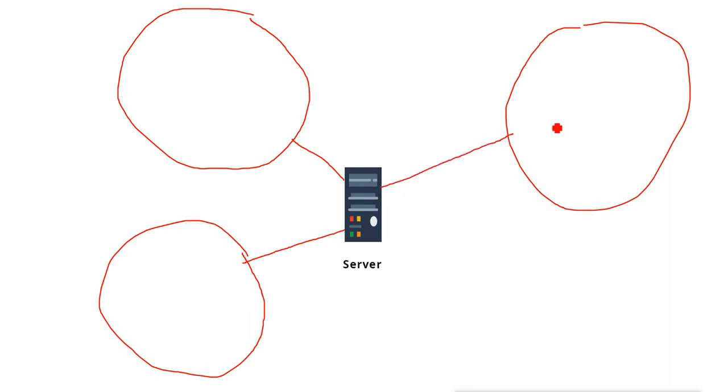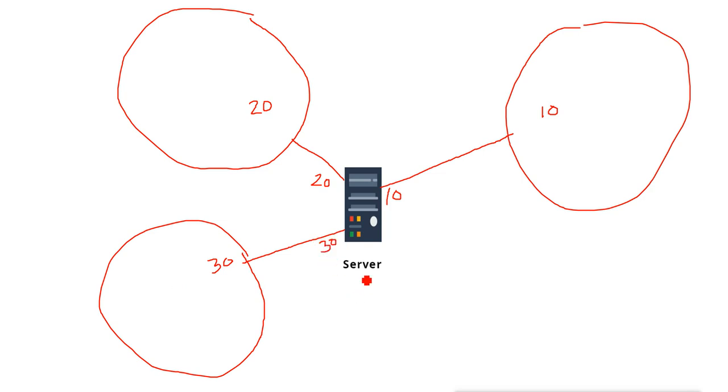Suppose this network is network 10. This interface of the server will also have an IP address of the same network. If this network is network 20, this interface will also have an IP of that network. If this is 30, it can also have an IP address of that network on this interface.